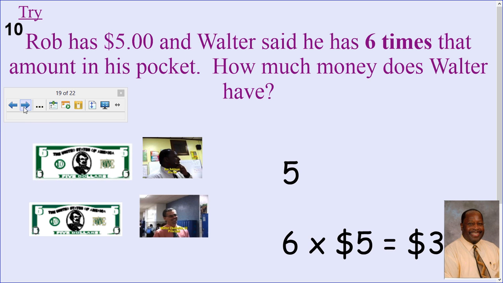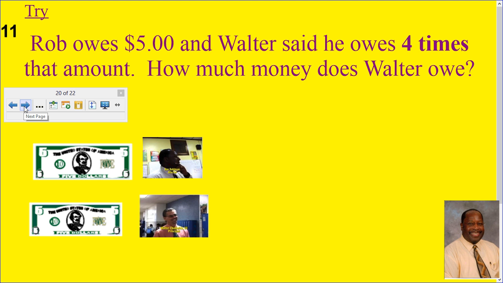Here's another example. Rob owes $5. Walter says he owes 4 times that amount. How much does Walter owe? Now, if Rob owes $5, owing money, how do we represent owing money?